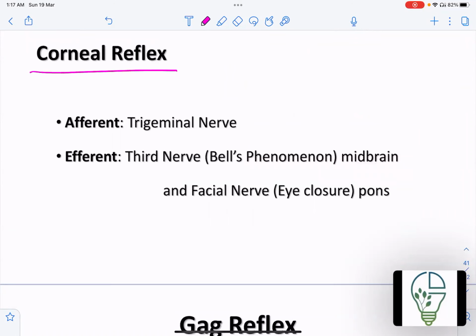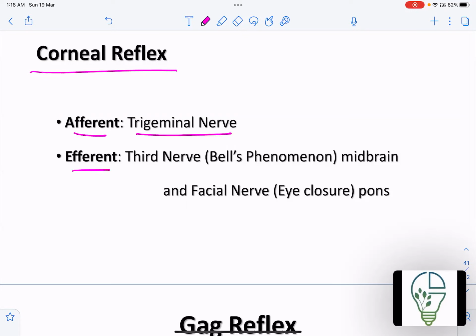Next reflex we talk about is the corneal reflex. Corneal reflex is, again, only done when you want to confirm either brain death or we want to check the comatose patients. In normal people, we don't do it because it's extremely uncomfortable. What you do is you take a feather-like thing or anything basically, and you directly apply it on the cornea. The afferent, the stimulus that takes it up to the brain, is the trigeminal.